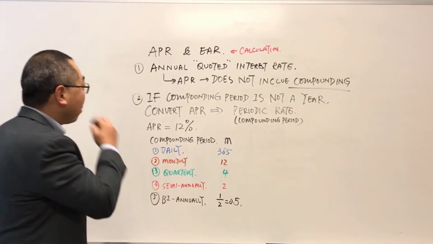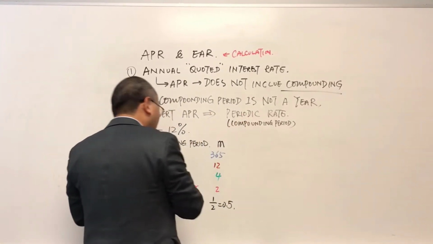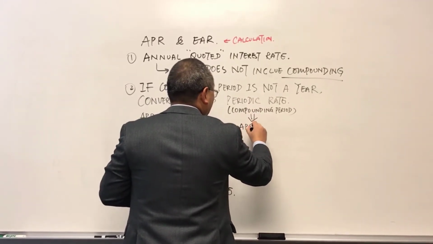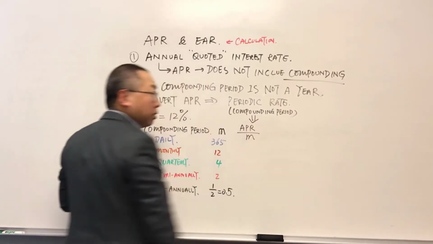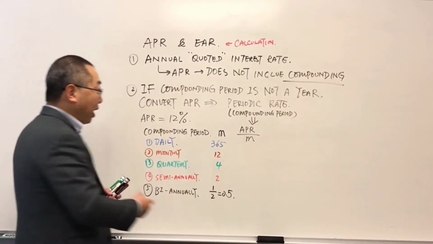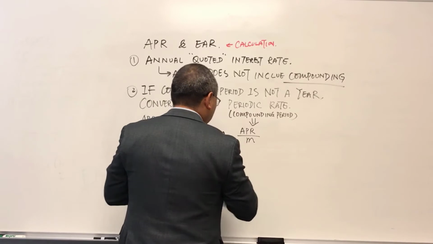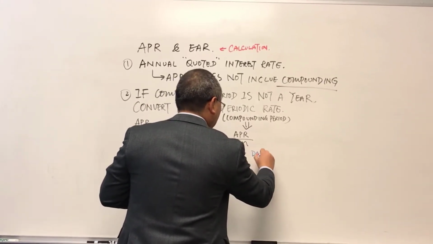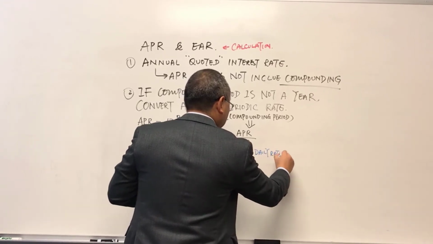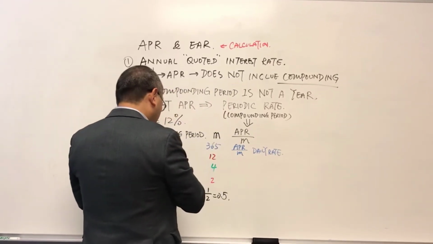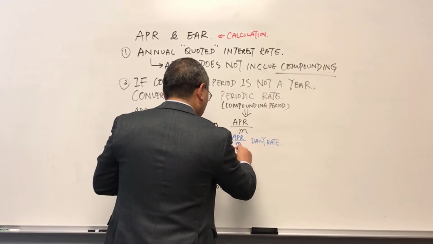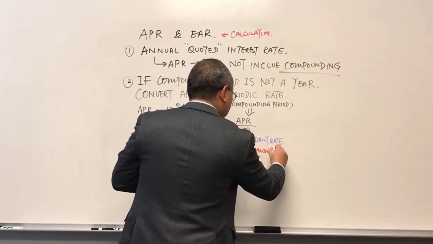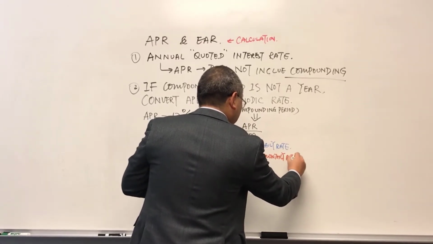Then your periodical rate will be APR divided by M. So you have a daily rate, which is your APR divided by 365. And you will have your APR divided by 12, you have your monthly rate.